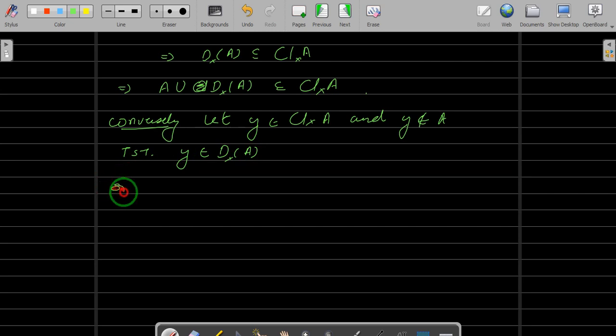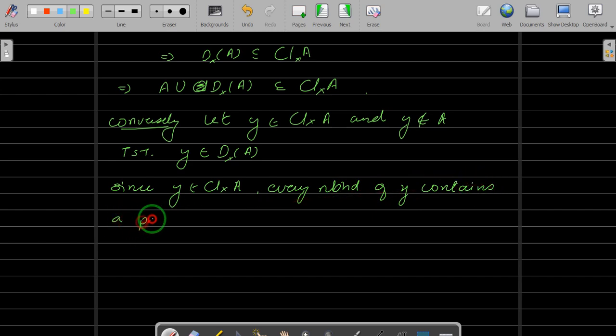Now since this y belongs to closure of A in X, by definition or whatever results we have proved, this implies every neighborhood of y contains a point of A, right? Maybe equal to y, may not be equal to y, we don't know. But we stated that this y does not belong to A, right?